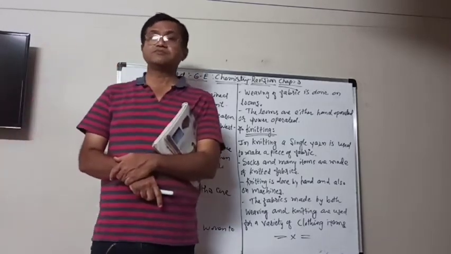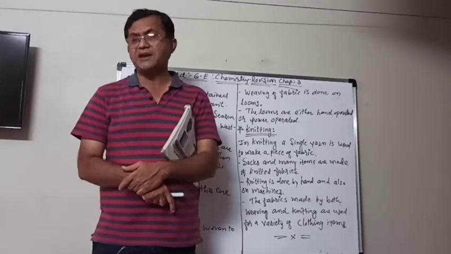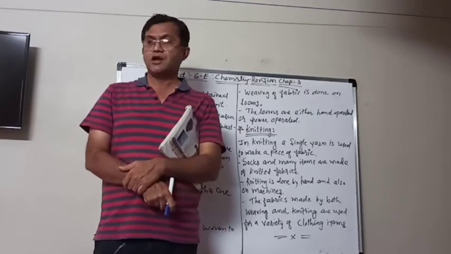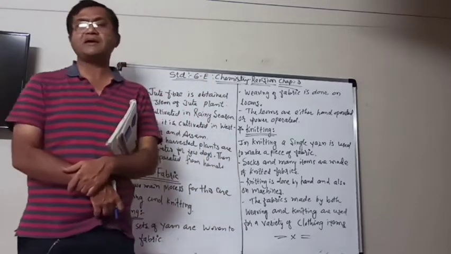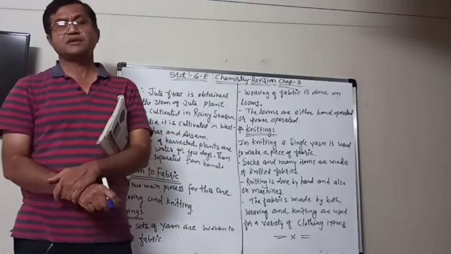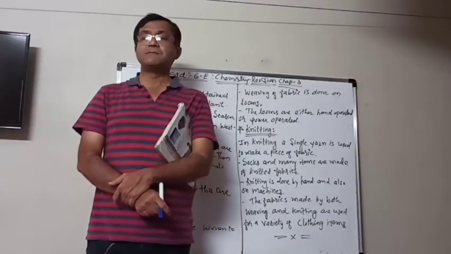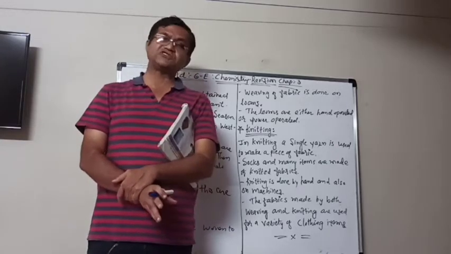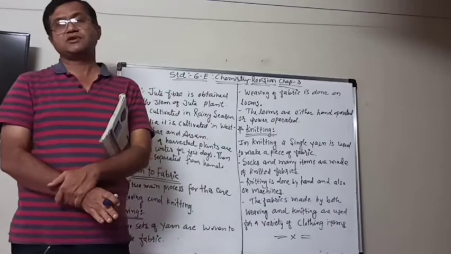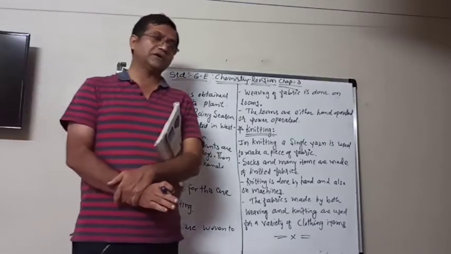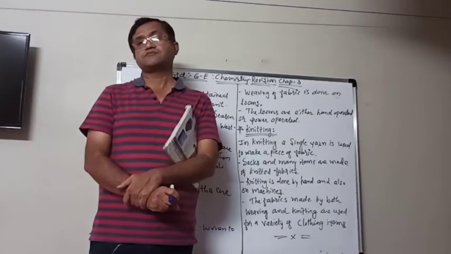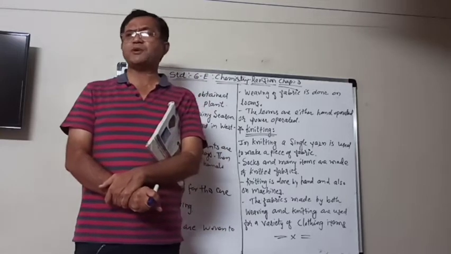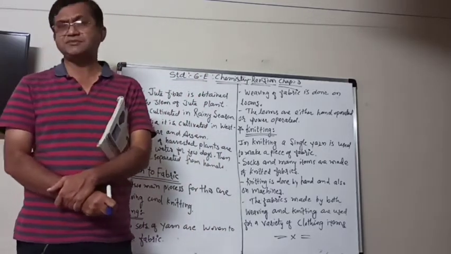And this fabric made by any of these methods, or other methods also, as I told you, but we have to learn only two methods, can be used to make a variety of clothing items like shirts, trousers, t-shirts, dresses for the ladies, saris, sweaters, shawls, etc.